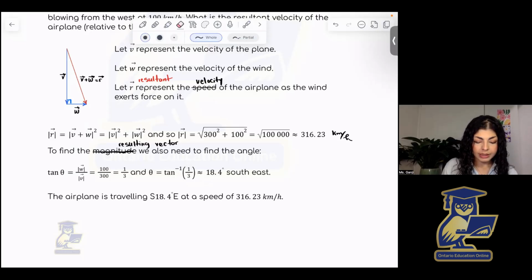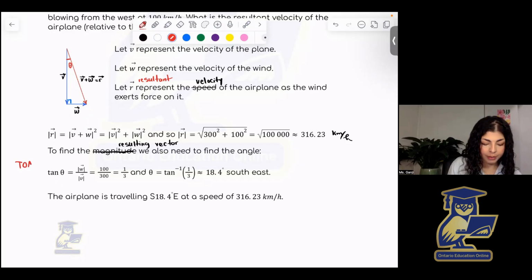So we're essentially trying to find this angle here. We say the tangent of theta is going to be the magnitude of W over the magnitude of V. Remember SOHCAHTOA: TOA is opposite over adjacent, so the opposite over adjacent here.